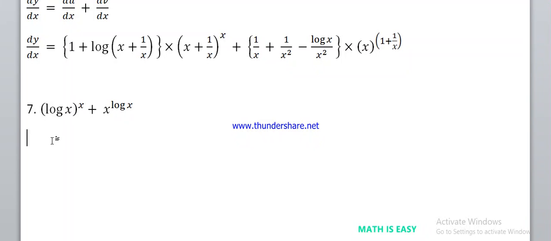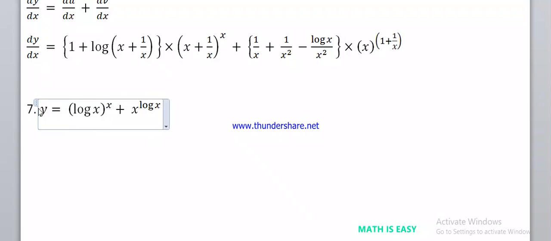So question number 6. Here also I'll give you the steps, then you can differentiate. I'll take this as y. When I apply log on both the sides, you can see what you get.